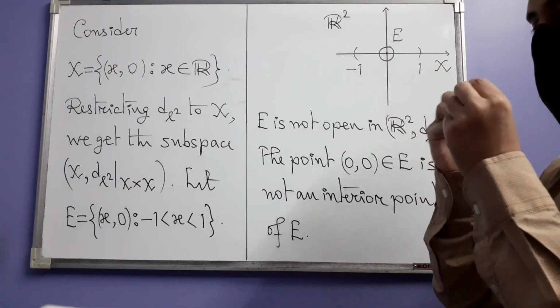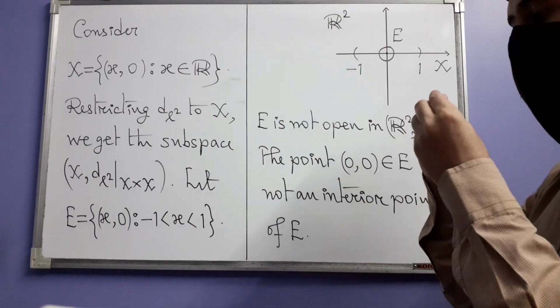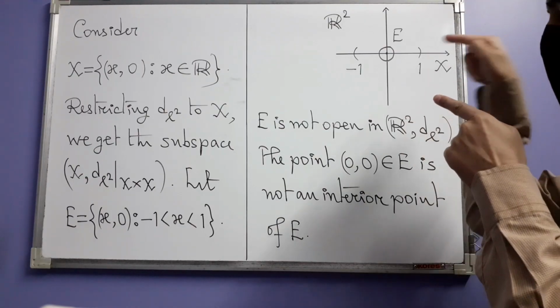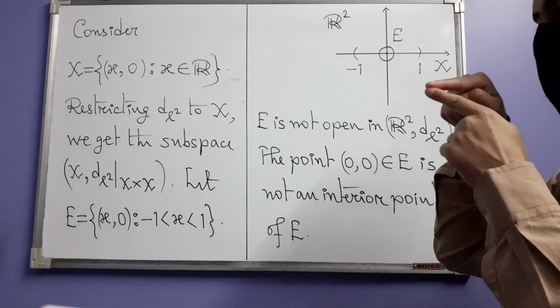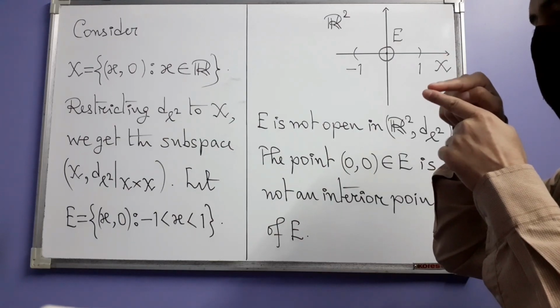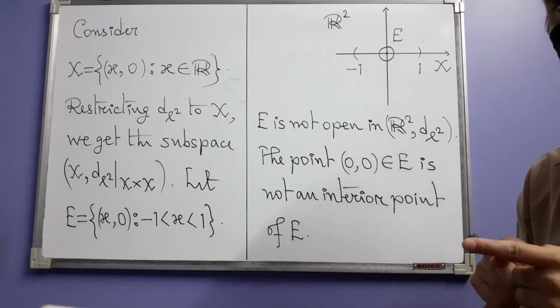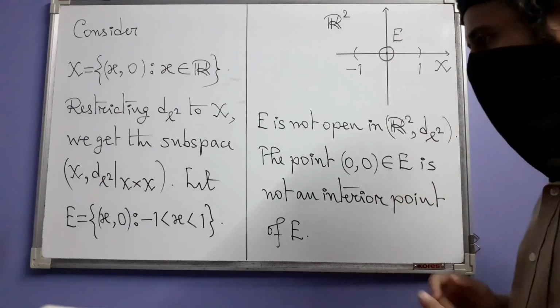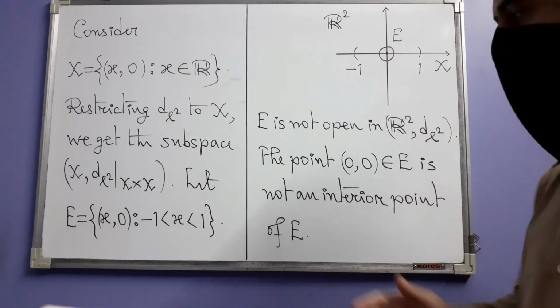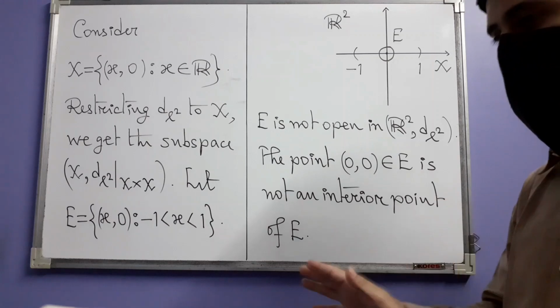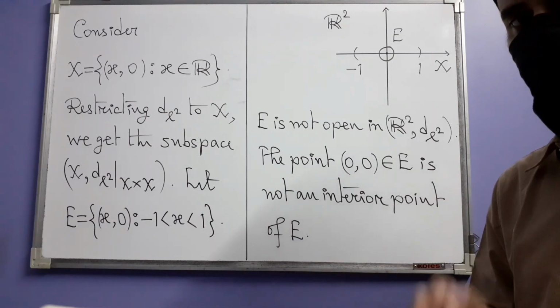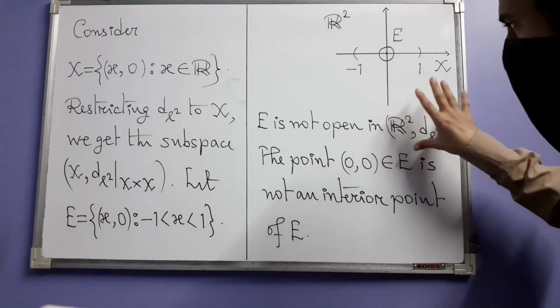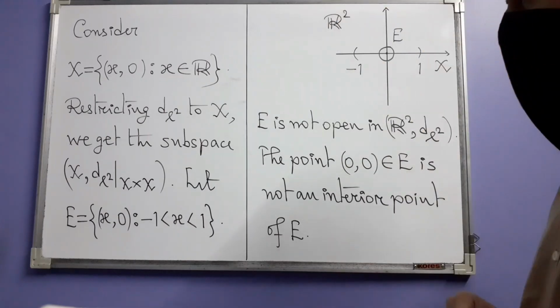No matter how small the radius is, there will always be some points inside the ball lying above the x-axis and some lying below the x-axis. They will prevent such a ball from being entirely contained in E, and that is why (0, 0) is not an interior point of E, and as a result E is not open in this metric space.